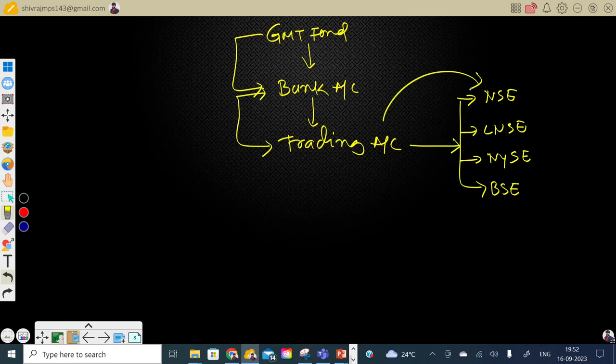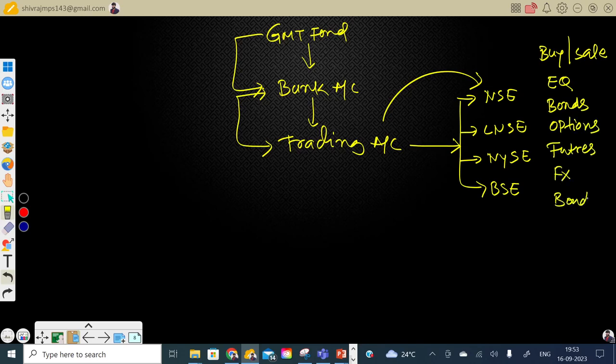Through this marketplace you can buy and sell equity, bonds, options, futures, FX, government bonds, private bonds, T-bills, loans, even swaps, CDS, credit default swaps, or other instruments.